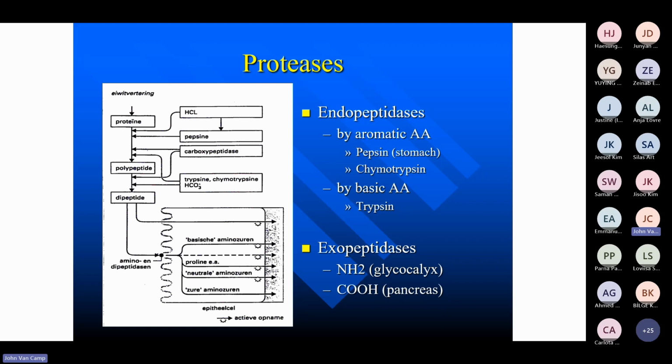So it's here at the wall of the intestinal tract. And the second one are the carboxypeptidases, which are released from the pancreas. And so you just release them into the GI tract lumen, mainly in the intestine for carboxypeptidases. And it also means that it starts cutting from the carboxyl groups.